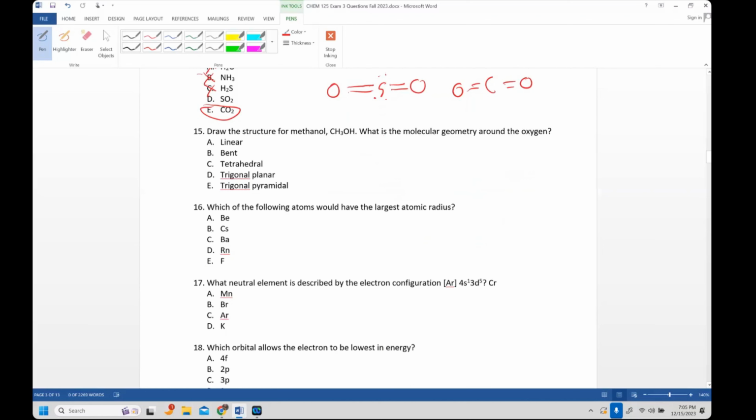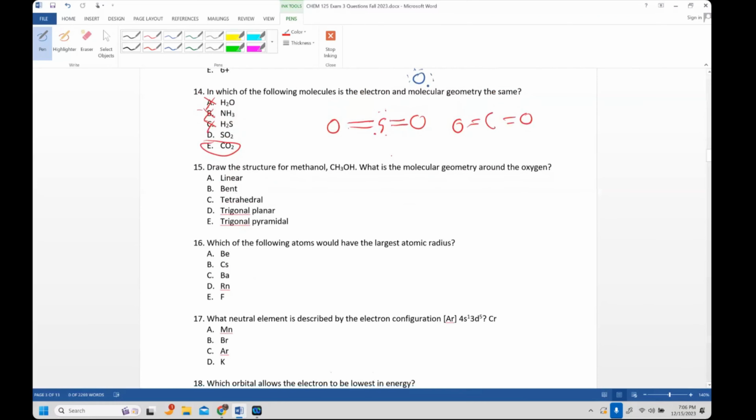Next, draw the structure of methanol. What is the molecular geometry? Does the SO2 have resonance structures? So yes, it could, but this one's much more stable. So the resonance structures won't really play much of a role in making the molecular and electron geometries the same.